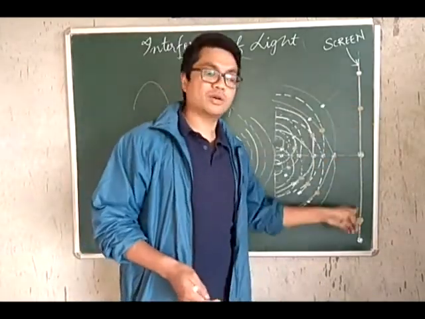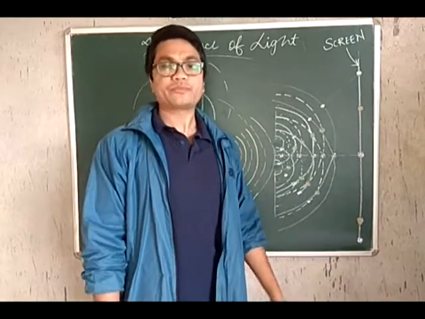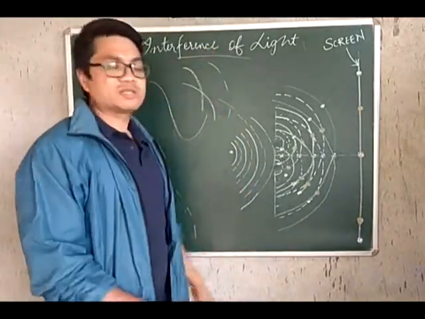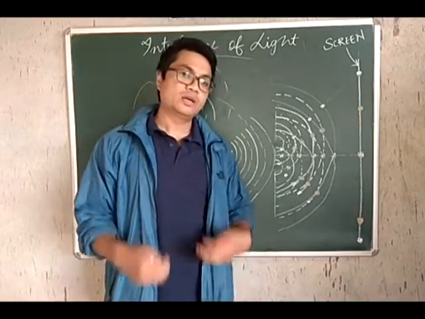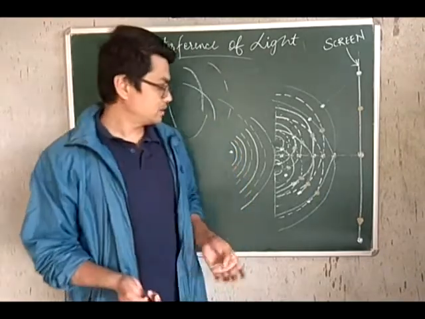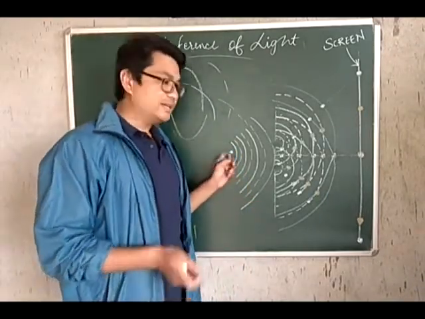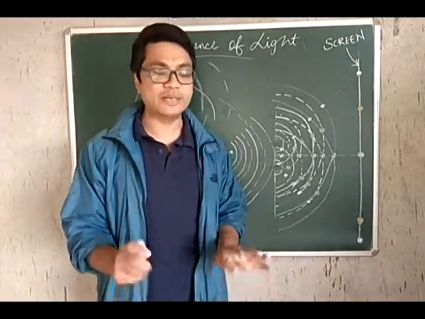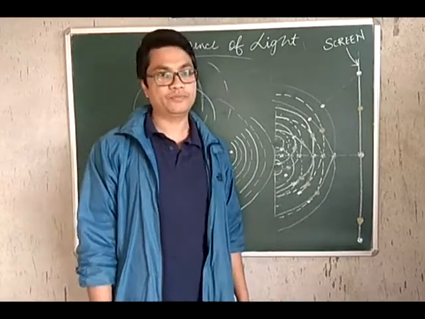This is a result of interference of waves. Now coming back to the topic, which is interference of light. The exactly same kind of thing has been seen in the case of light also.